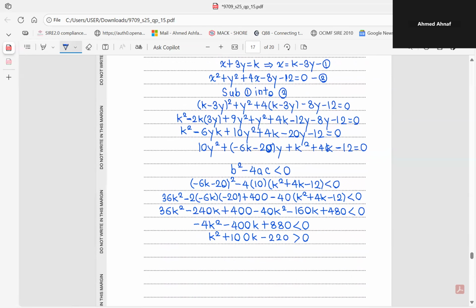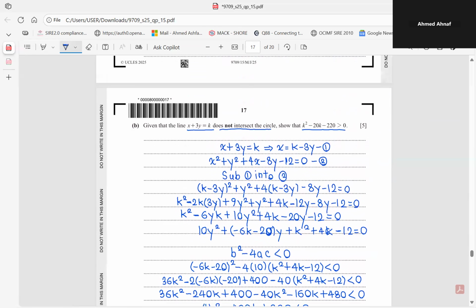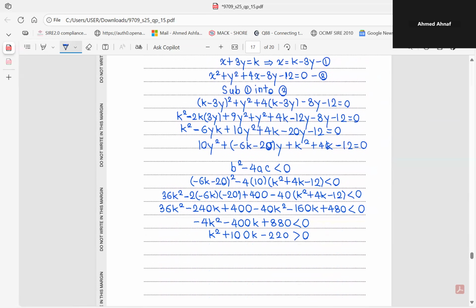Let me see. Okay, something's wrong. Let me just see what I did wrong in here. Oh, minus 2ab. This is not supposed to be minus.